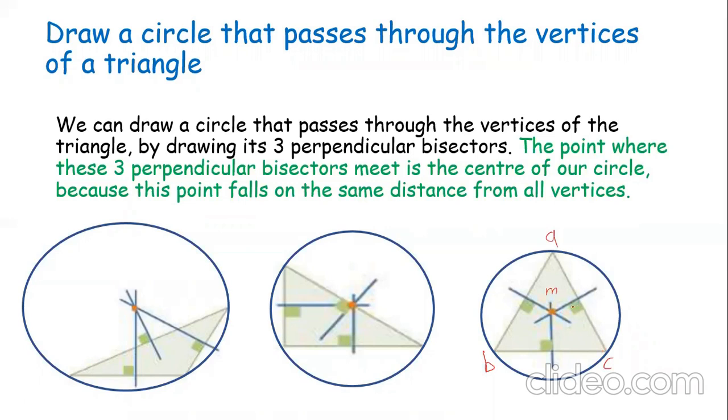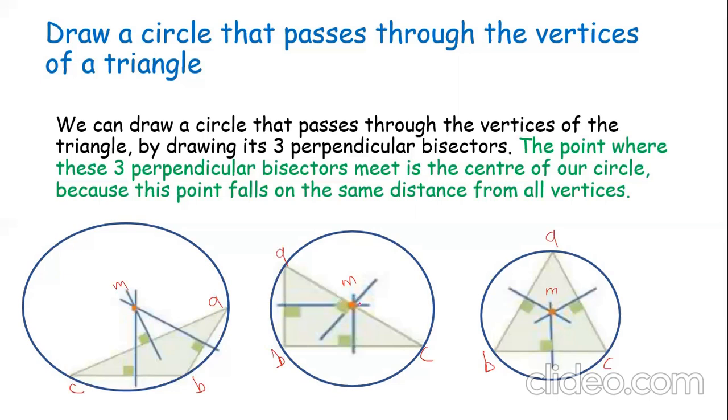Why? Since it falls on the perpendicular bisector of each side. So again here, if I call it A, B, C, I will find that the length of MC is equal to the length of MB is equal to the length of MA, and here the same, A, B, C, and I have M. The length of MA is equal to the length of MB is equal to the length of MC.